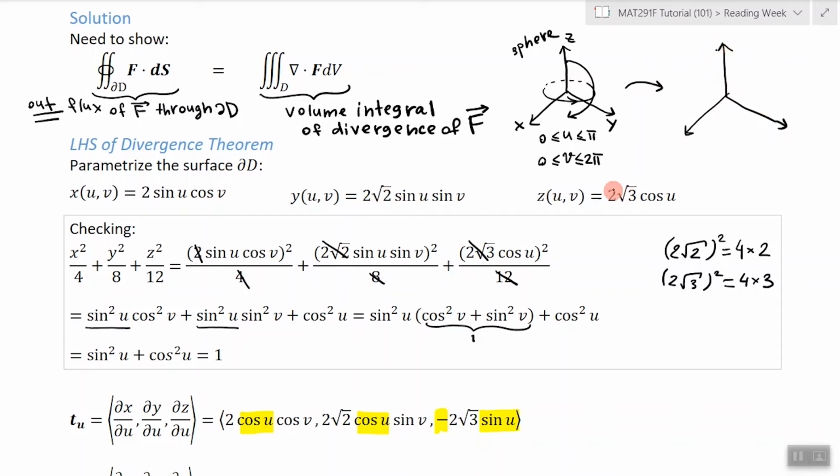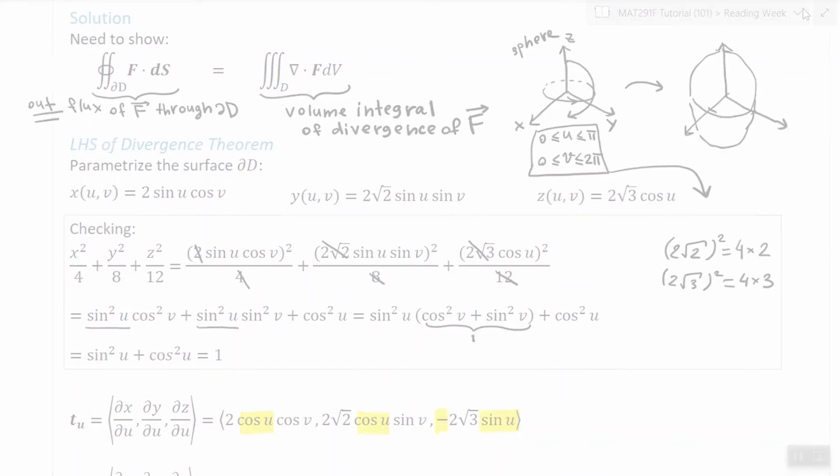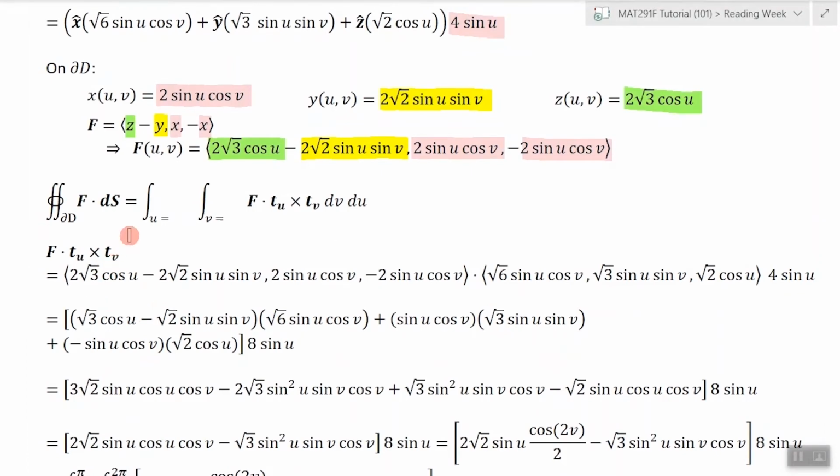Okay, so z is the longest one, y is slightly smaller, and x is even smaller. So we get small x, slightly bigger y, really big z, something like this. Yes, okay. But these stay the same. So we can just reuse this for this problem. Okay. So let's remember that u is between 0 and pi and v between 0 and 2 pi. Okay, so let's use these bounds here.